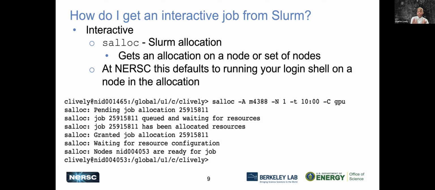And so when you hit enter, you enter this information for your command, and Slurm will give you an update. It'll tell you that your job allocation is pending, and it'll give you the ID. And then once that ID is queued and waiting for resources, it gives you another update. And once those resources have been allocated, it's like if you're in a restaurant, we've got a table for you.